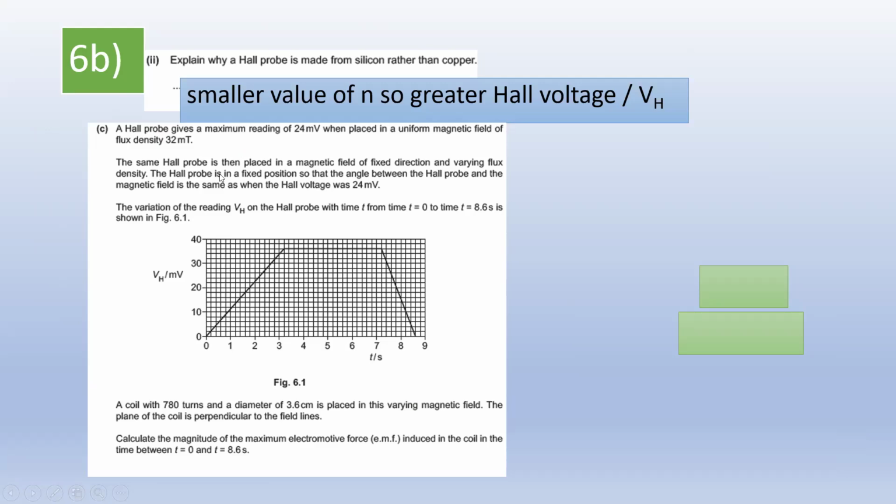The Hall probe is in a fixed position so that the angle between the Hall probe and the magnetic field is the same as when the Hall probe read 24 millivolt. Right? That's the diagram, that's the figure.